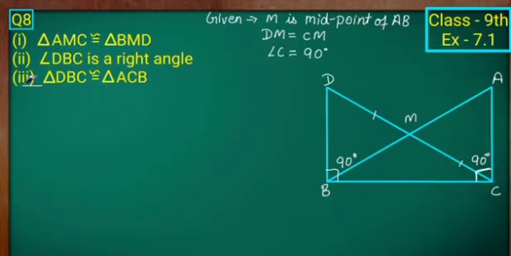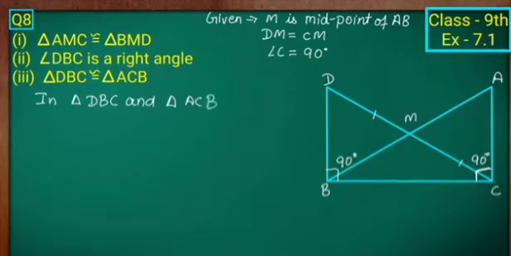You have to prove triangle DBC congruent to triangle ACB. Now see this figure. Here we can use part 1 and also part 2. In triangle DBC and triangle ACB, DB equal to AC because in part 1 we proved that triangles AMC and DMB are congruent.